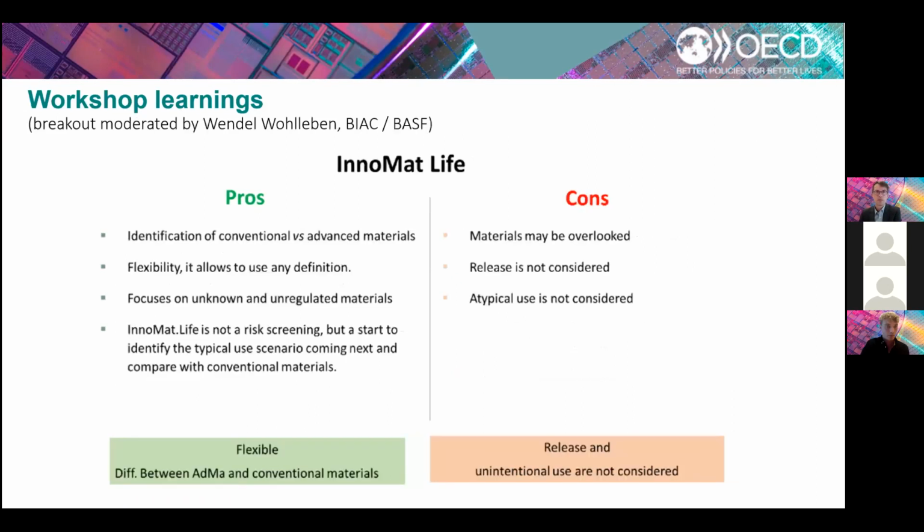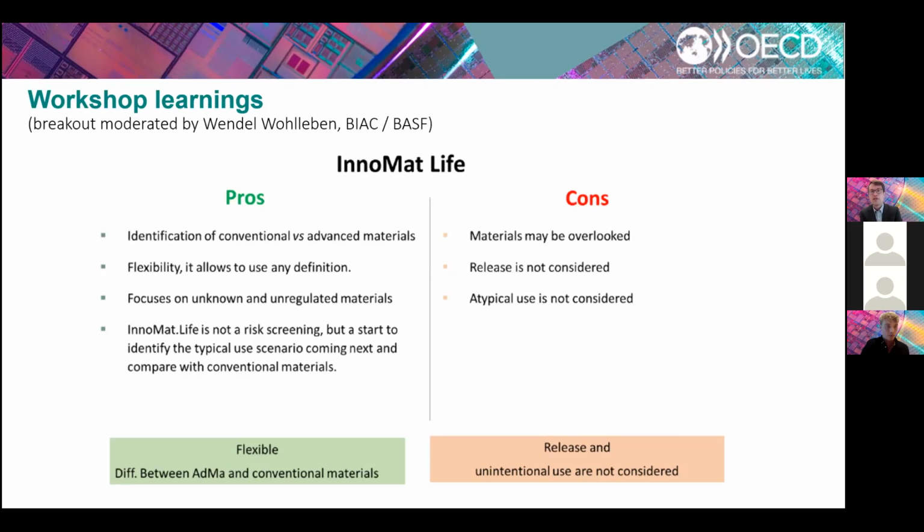Next, please. Finally, we looked at the Inomat Life scheme, where I was one of the co-inventors. It was seen as an advantage that this scheme provides an identification of conventional versus advanced materials, because you always want to have a point of comparison. It was flexible.